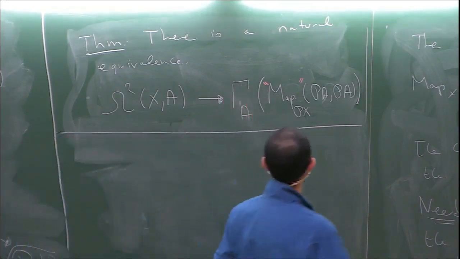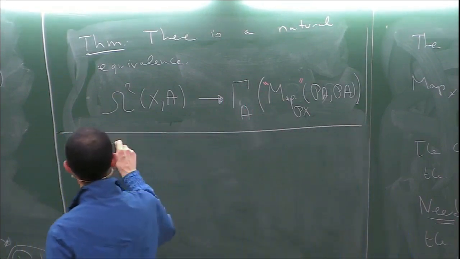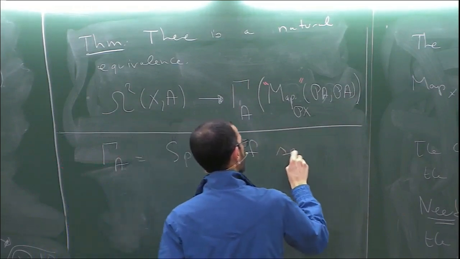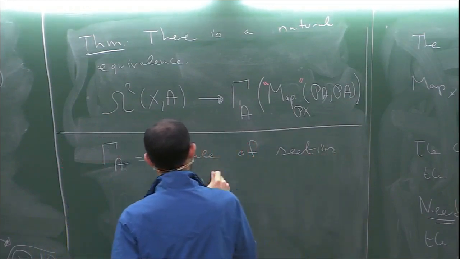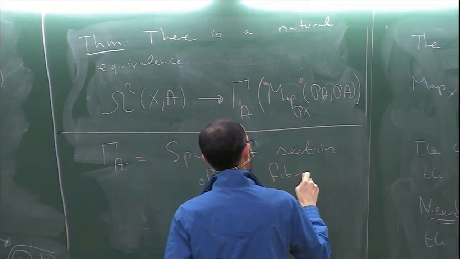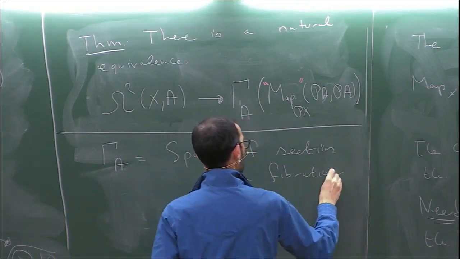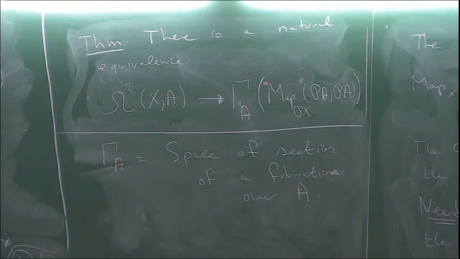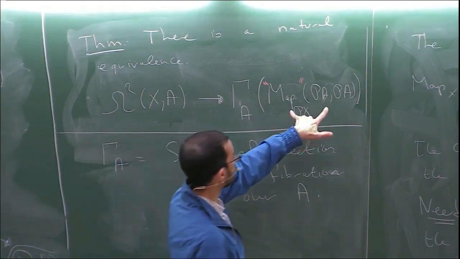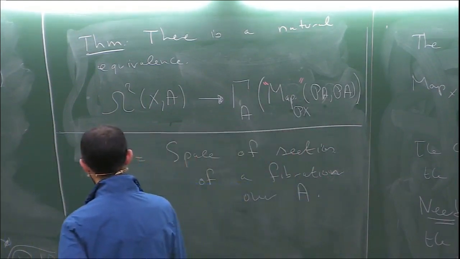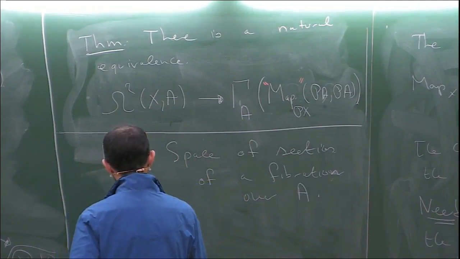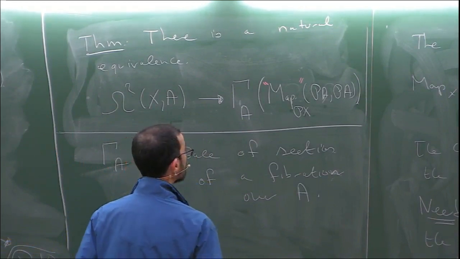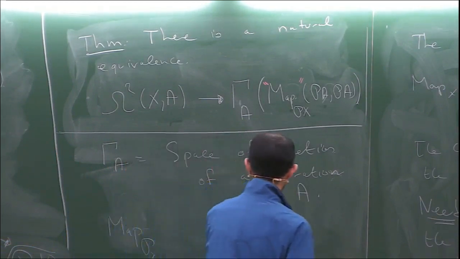So now I want to explain what this notation means. Gamma A just means the space of sections. That's all that means. So the key thing is, what is this map? Well, maps over PX, space of sections.